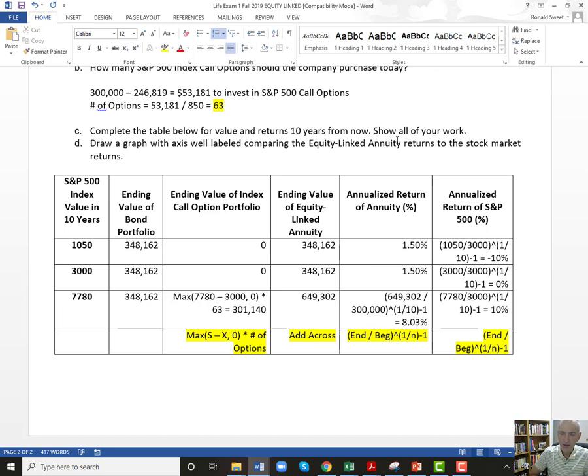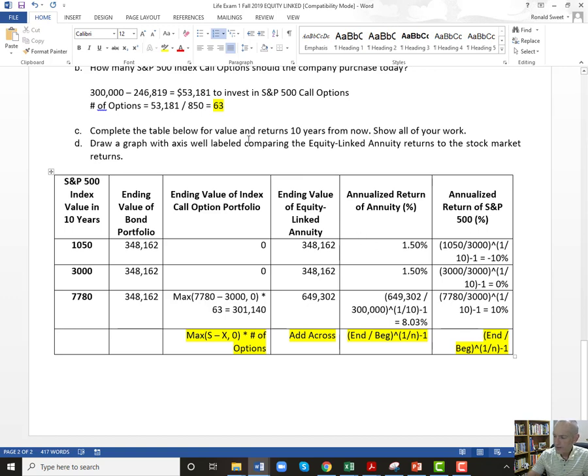Now, if you submit this by Excel, your math will be shown in the Excel, but you're still better off actually writing the formulas out in words on exams, so you can just prove to me you understand them. You might do that at the very end to make sure you have time, because there is some time constraint on these. But anyway, that's how the equity-linked annuity looks versus the overall stock market.